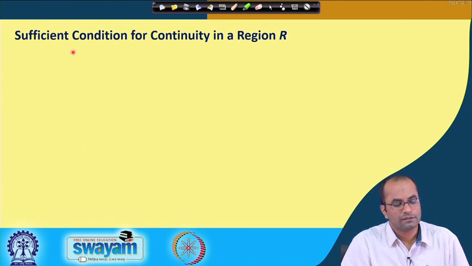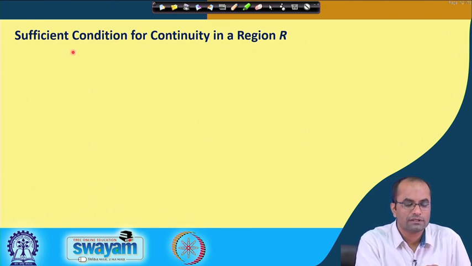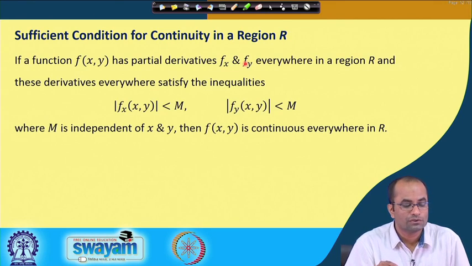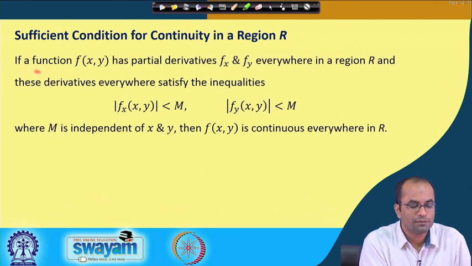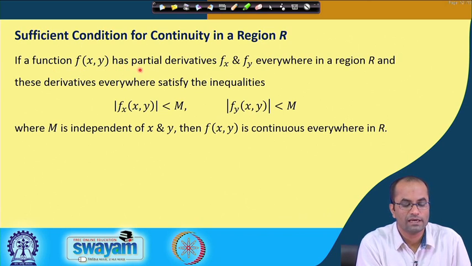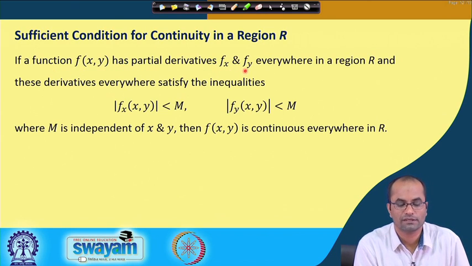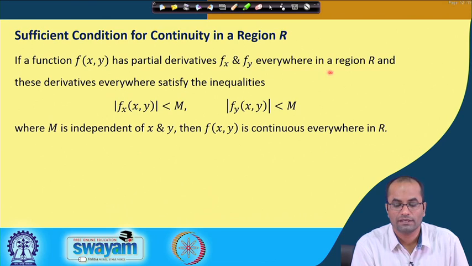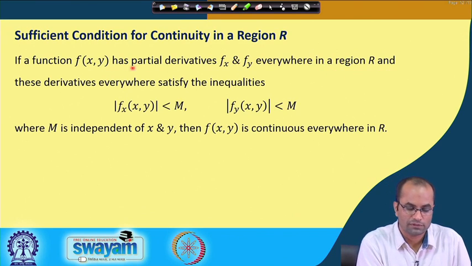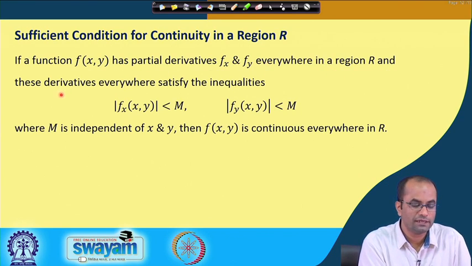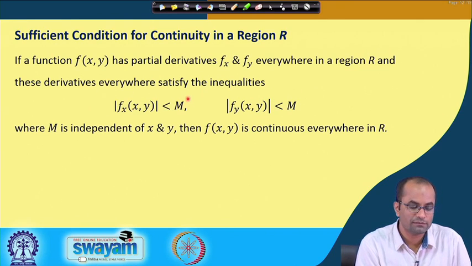We have one result, which is a sufficient condition for continuity in a region R. So, what it says is, if a function f(x,y) has partial derivatives f_x and f_y everywhere in a region R, so the existence of the partial derivatives here, and moreover these partial derivatives are bounded by some number M here.